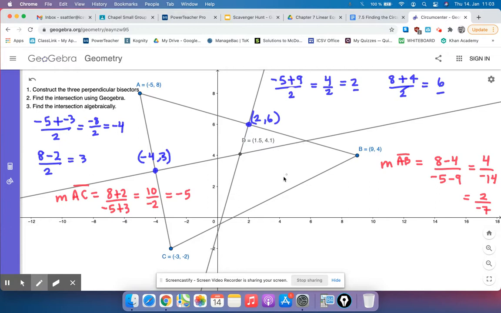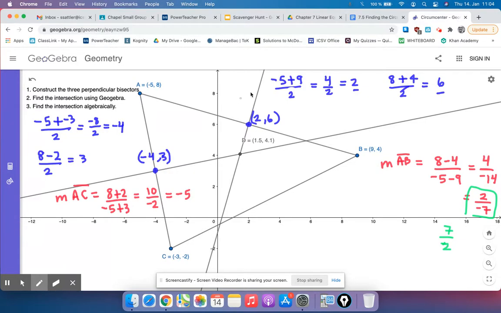Okay. Now, to get the slopes of the perpendicular lines, this is where we do the negative reciprocal. So negative reciprocal of this would be 7 over -2. But we want negative reciprocal, so the whole thing has to be positive.